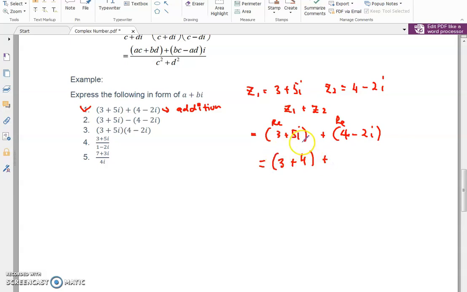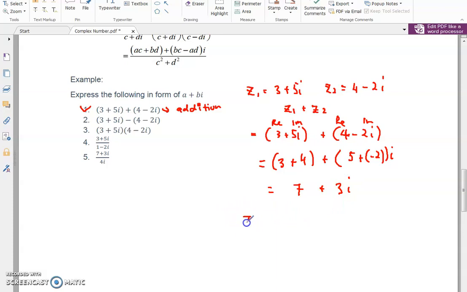The middle is always plus. So this is your imaginary part and this is also your imaginary part. You are going to write it as 5 plus negative 2, and you are going to factorize the value of i. So the answer will be 7 plus 3i.